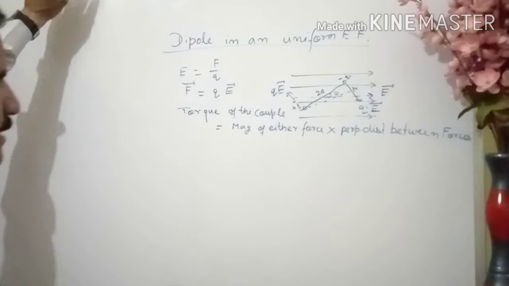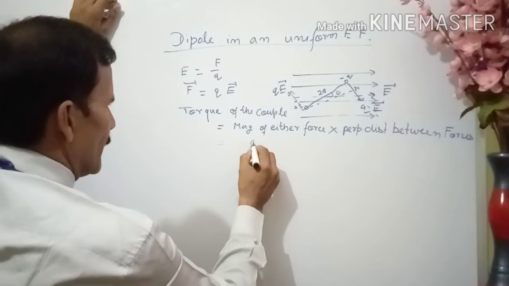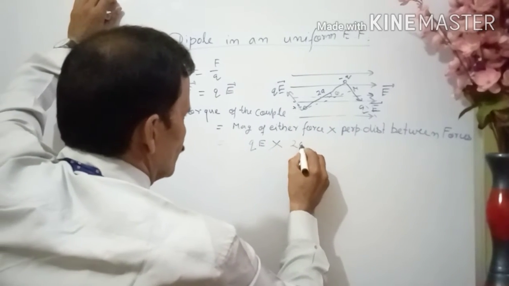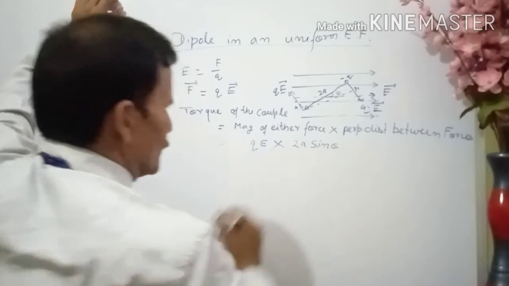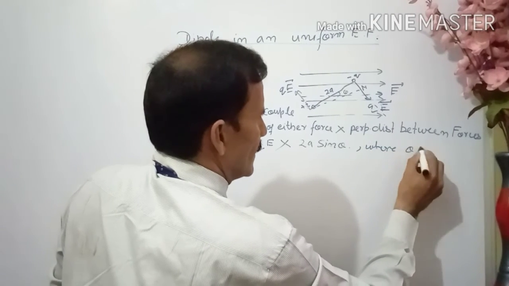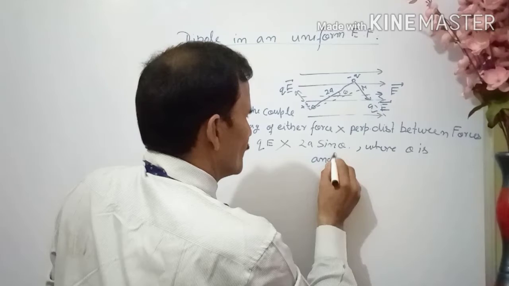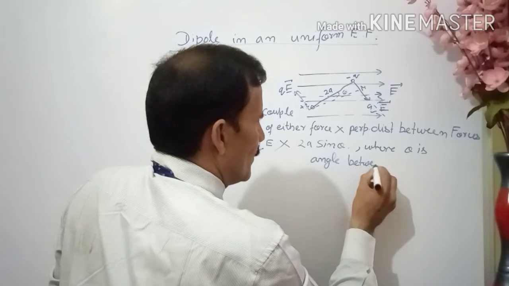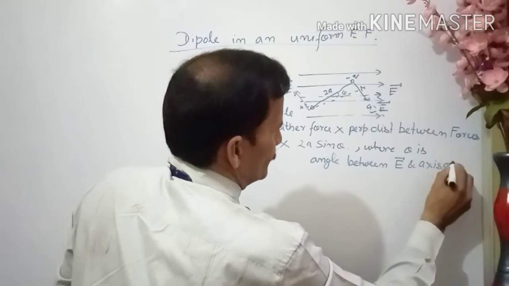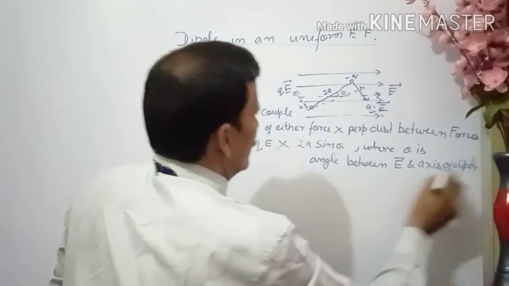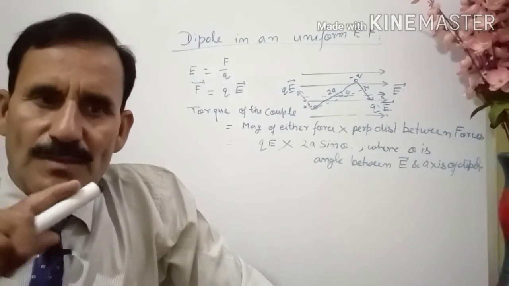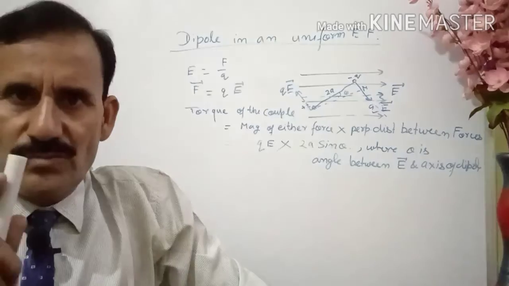So the magnitude of either force is qE, multiplied by the perpendicular distance, which is 2a sin theta, where theta is the angle between the electric field E and the axis of the dipole. The axis of the dipole is a vector quantity, always taken in the positive sense from the negative to the positive charge.